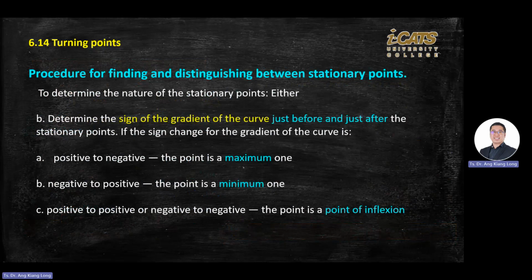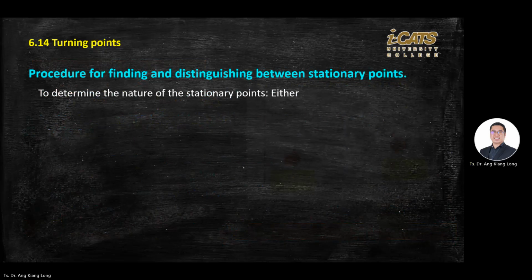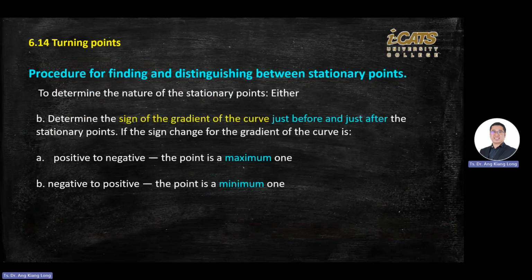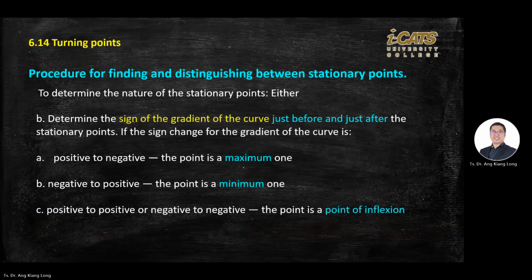You can skip this step if you already did the other one. Either you use this reason to justify it's a maximum or minimum point, or you can do a hypothesis test. You check the gradient before and after the point. This is a bit lengthy, not highly recommended for this step, but if you want to, you also can.